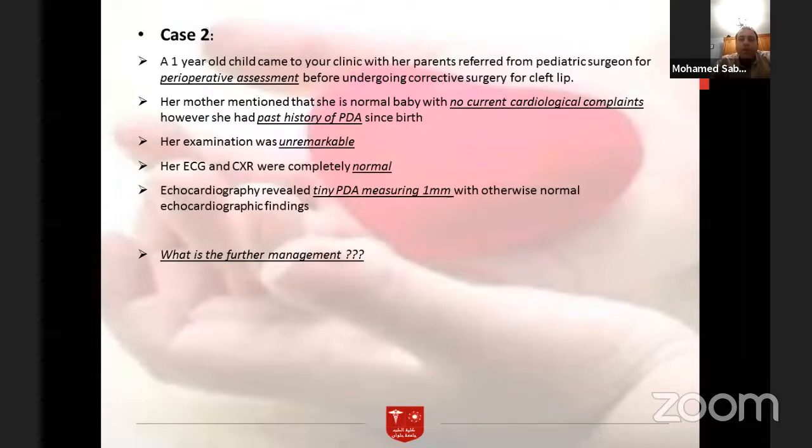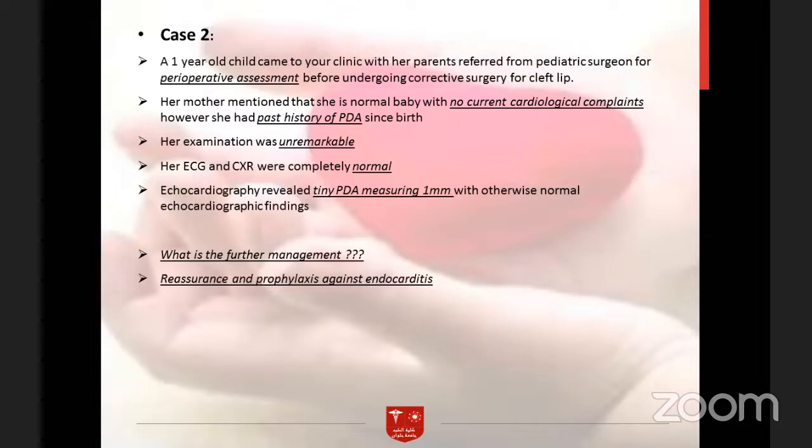So this child should be referred directly to her corrective surgery for cleft lip with no recommendations except for giving her the IV antibiotic half an hour before induction of anesthesia, and then annual follow-up for this tiny PDA, which will probably not need any intervention later on.